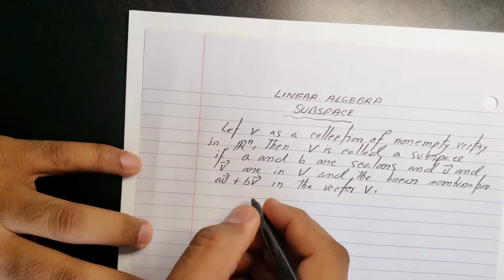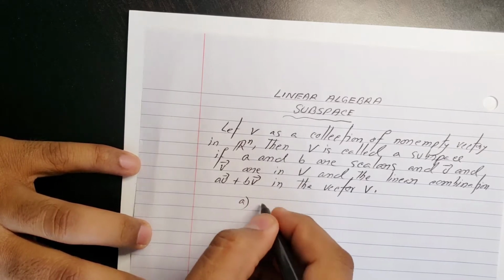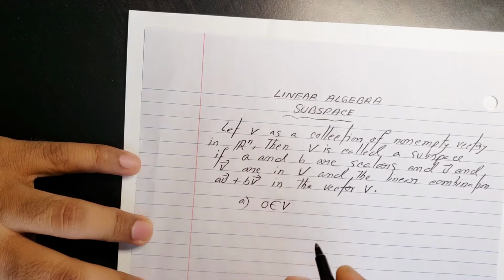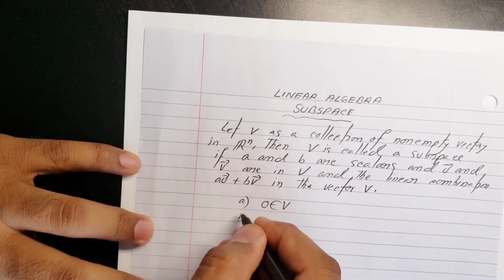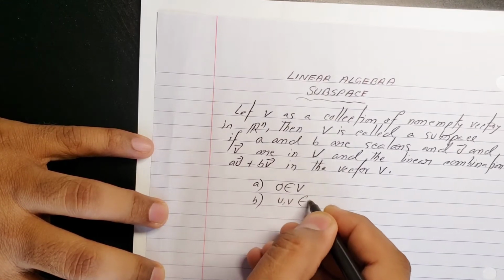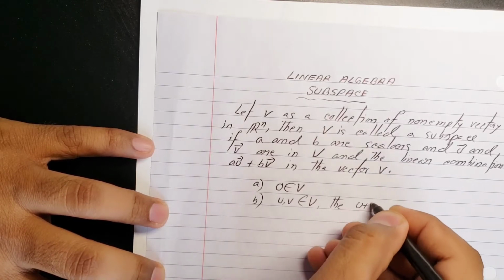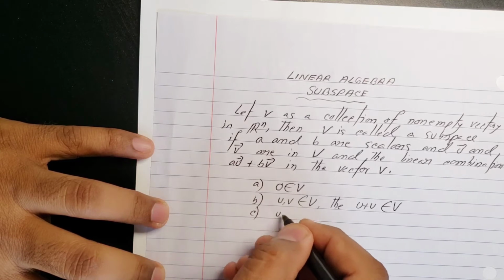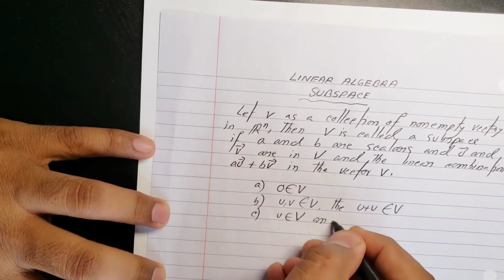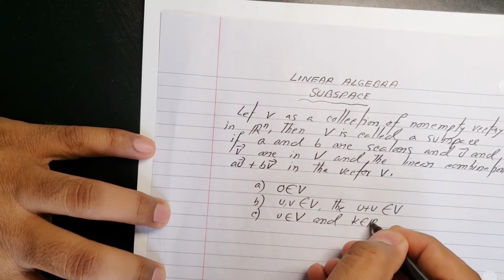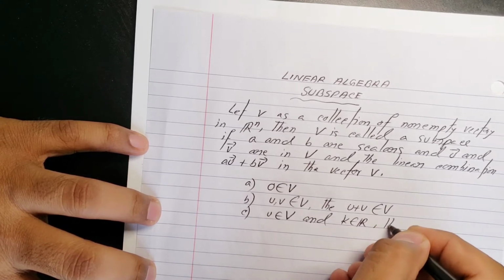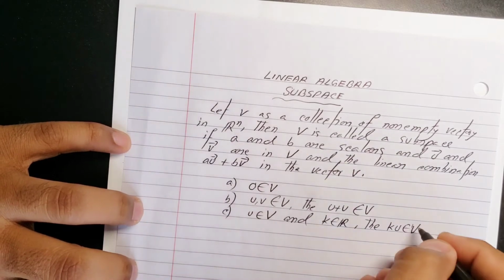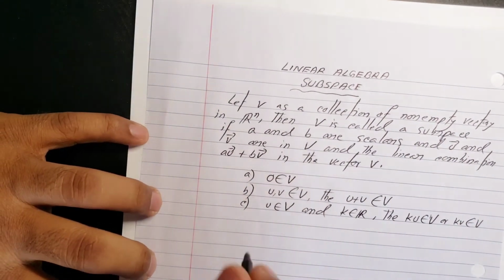Test 1: if 0 is in V. Test 2: if u and v are in V, then u plus v should be in V. Test 3: if u is in V and you take a constant k in the real numbers, then ku should also be in V, then it is a subspace.